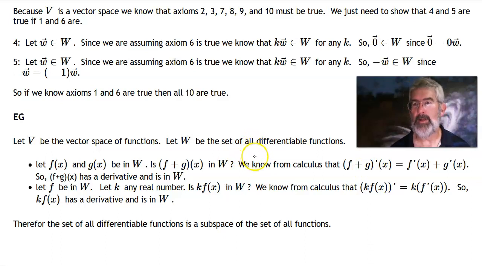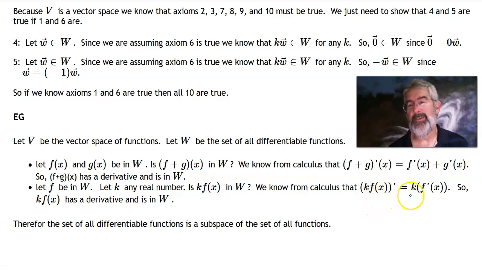So it's closed under scalar multiplication. No, that would be closed under vector addition. That's addition, right? Now let's do scalar multiplication, axiom 6. Take any function in W and let k be any real number. Take a look at the function k times f of x. This would just be scaling it in the y direction by a factor of k when you look at the graph. Well, do we know how to take the derivative of a constant times a function? Yeah, we do.